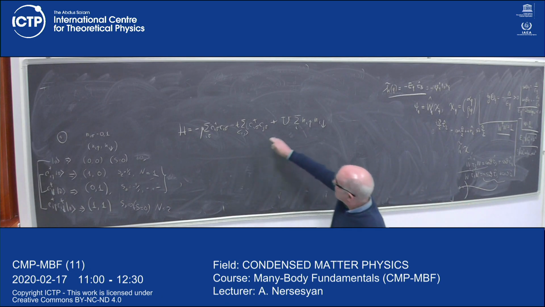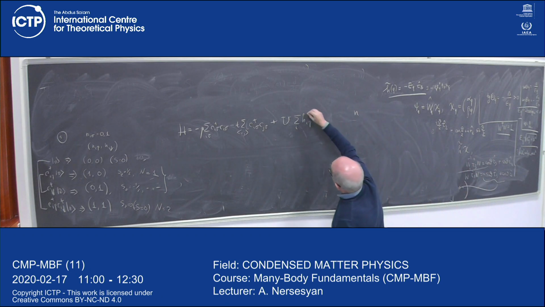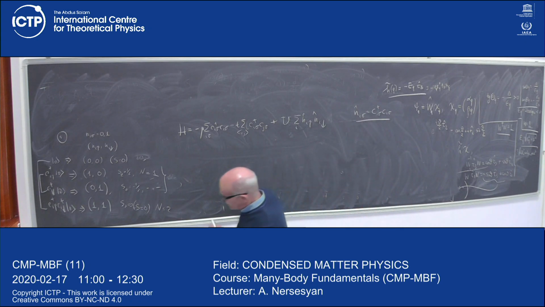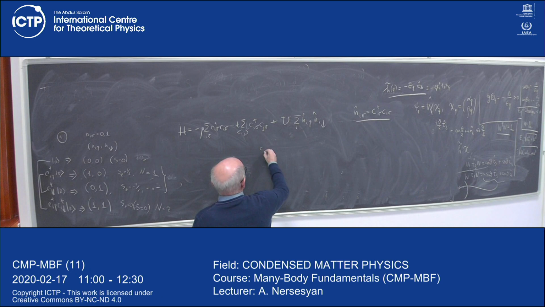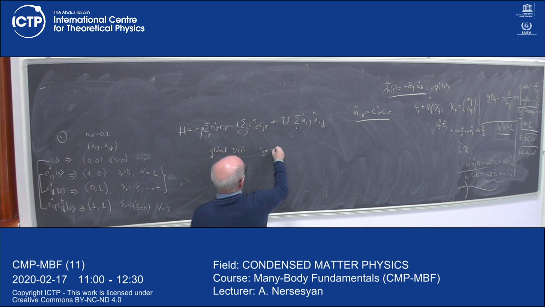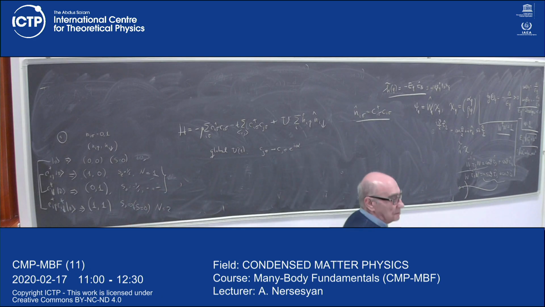Now there is another thing. Looking at the construction which is given here, I would like to remind you again that this is an operator, the occupation number operator, built up in terms of the creation and annihilation operators. Now imagine that I'm considering a global U(1) transformation, which is c_jσ goes to c_jσ e^{iα}, and α is a phase which does not depend on j.